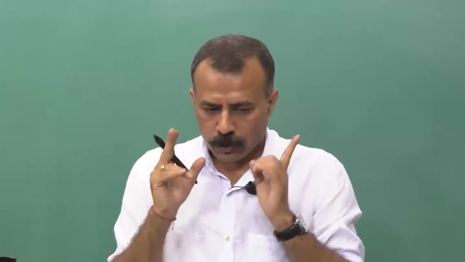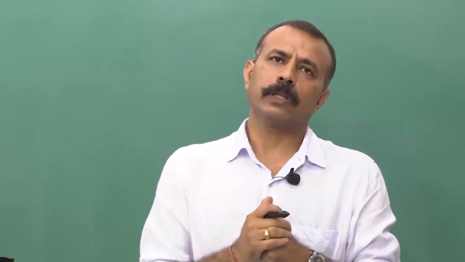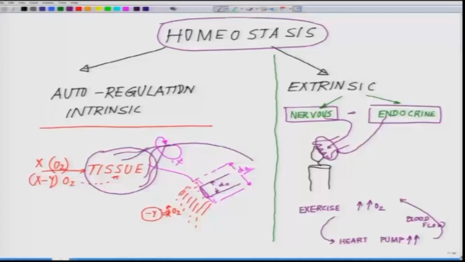Bringing back to its original state or trying to maintain its status quo where it was. Okay. So now I have given you two examples: the autoregulation or intrinsic process, and the extrinsic process where the nervous system and the endocrine system are controlling it.